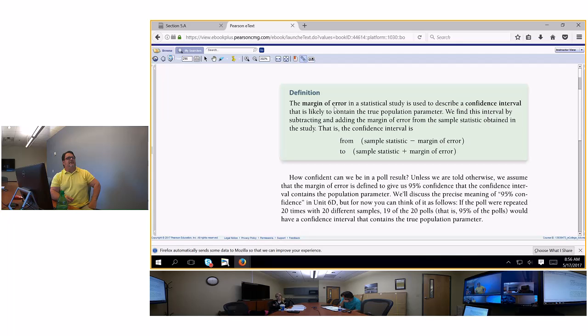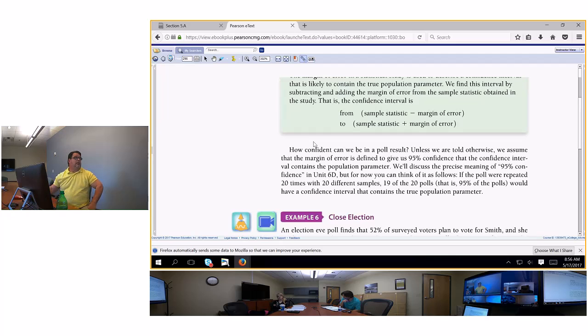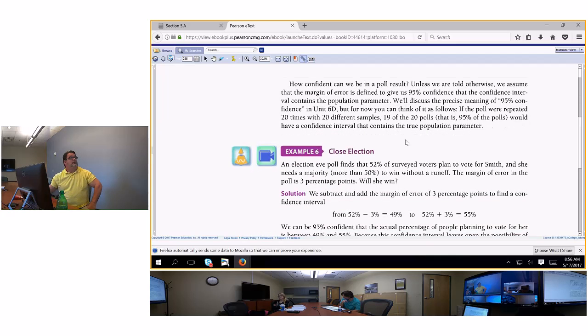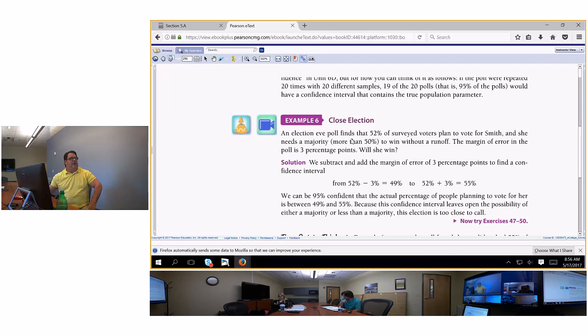So if somebody says, I got a 76% chance with a margin of error of 3%, then that's going to be 79% on the right. It's going to be 73% on the left. You're going to subtract it, and you're going to add it. Yes, okay, because you're subtracting it. That's not a test question. That's more of a real world question.